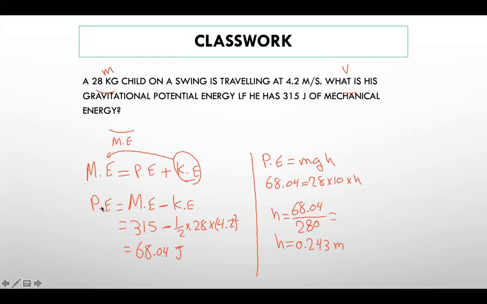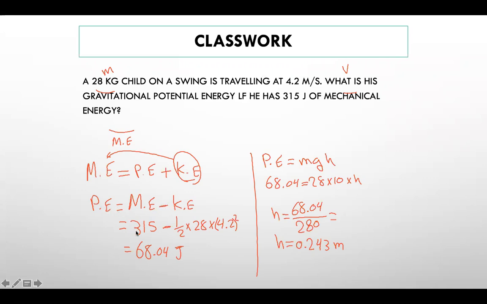So mechanical energy equals potential energy plus kinetic energy. I will transfer the kinetic energy to the other side, changing its sign to negative. So mechanical energy minus kinetic energy gives me potential energy.